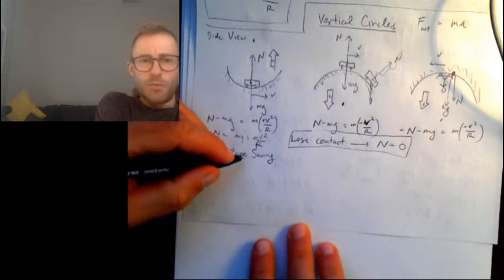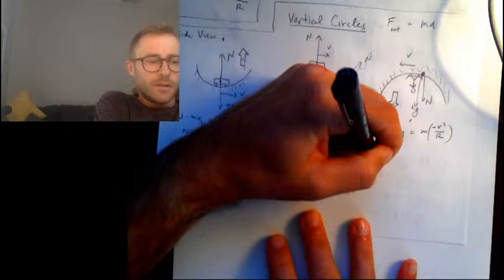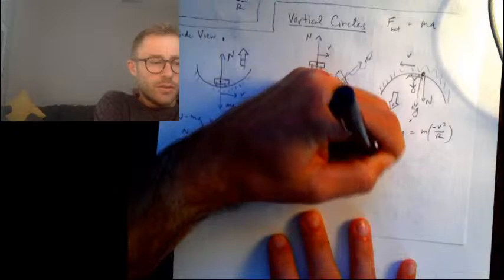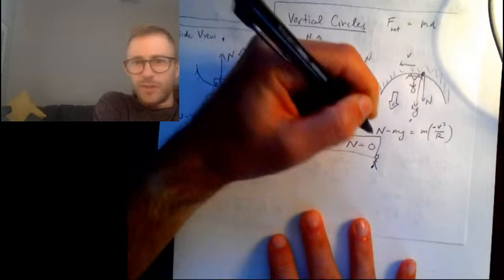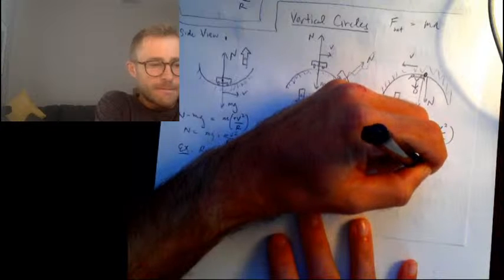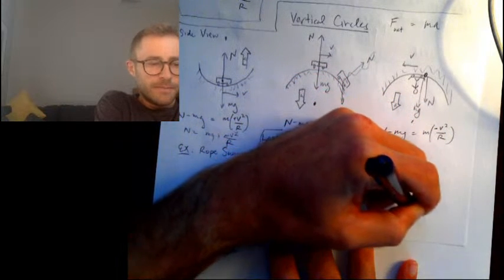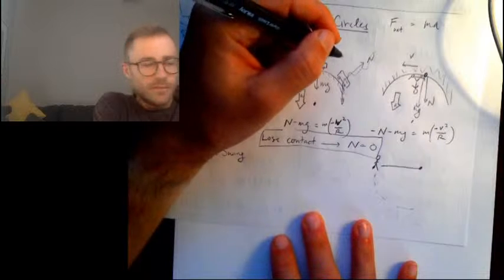So what if you have a rope swing and you have a person who is like this, and here's the rope, and they swing down like this. So the rope goes vertical here.